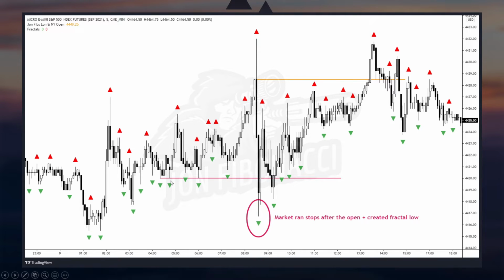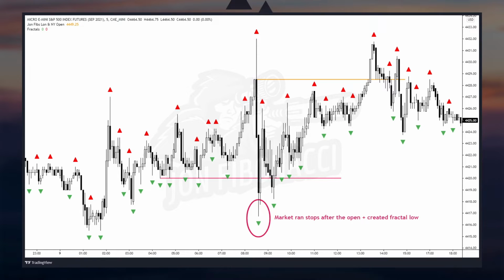So when the market basically ran stops shortly after the open, and then price rallied up again at the formation, or at the close of the second bullish candle, I'm assuming, the indicator would basically say, hey, this is a fractal low.